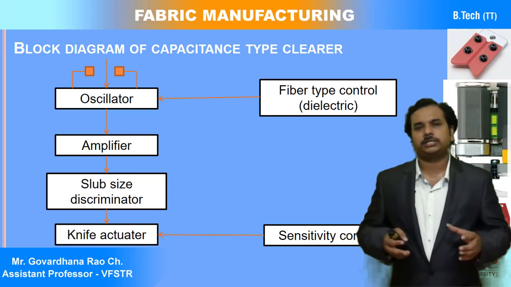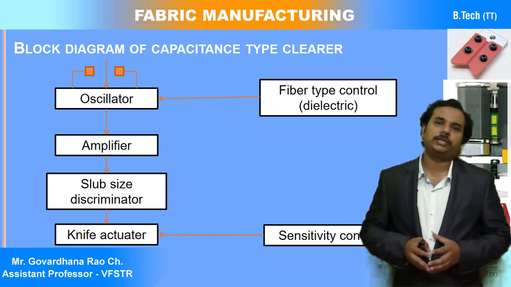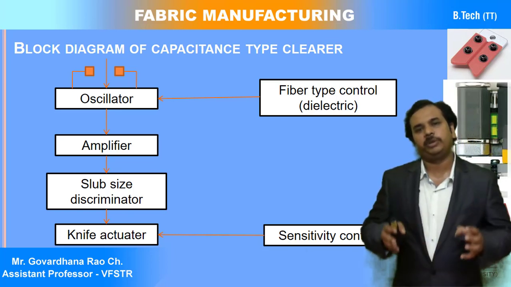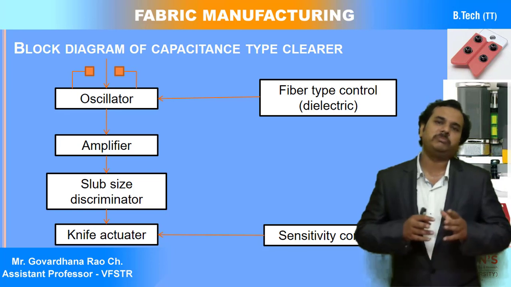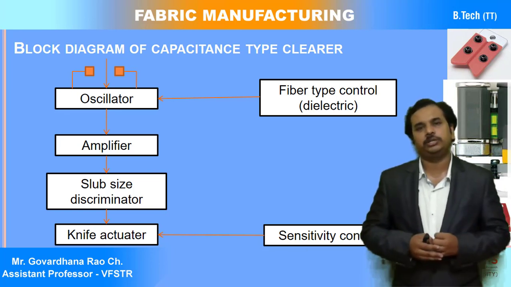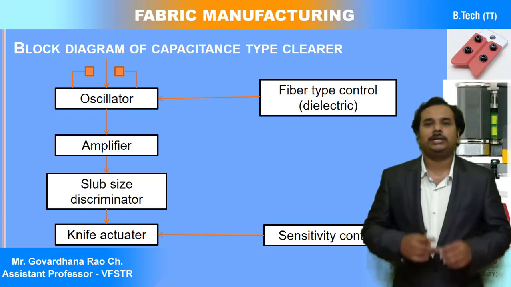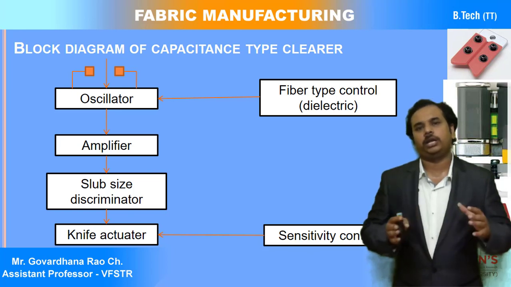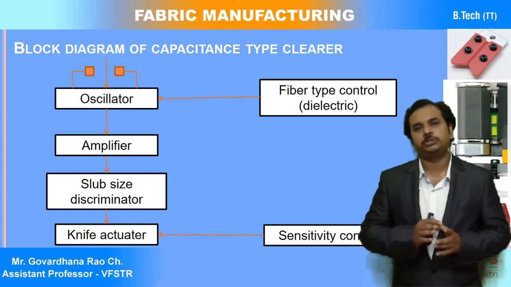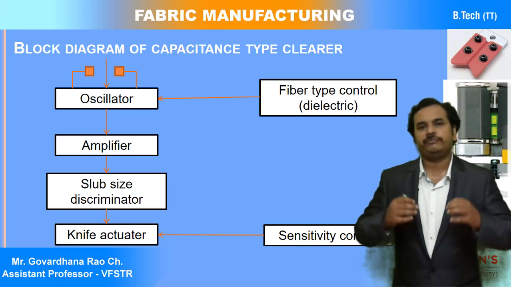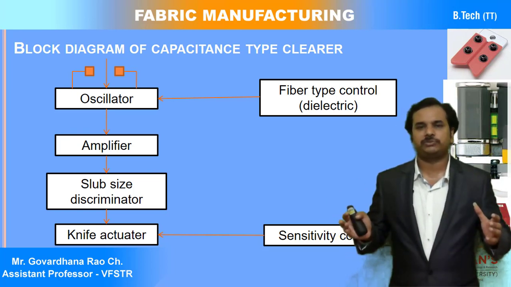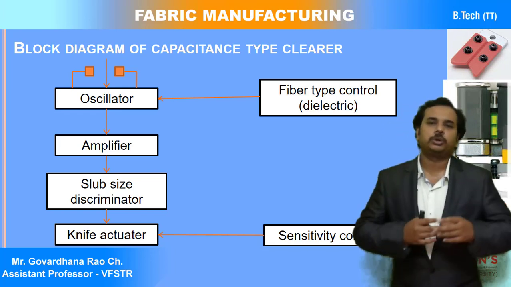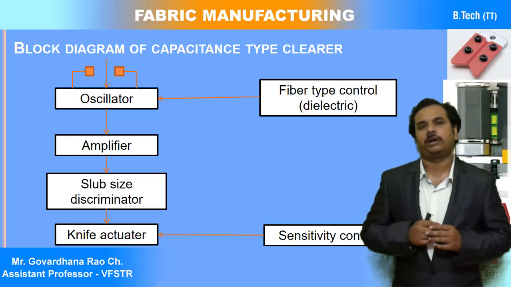Then the capacitance is compared by using the slab size discriminator, which sees what the minimum range and the maximum range are that we need to accept. If the yarn fault is out of the range, that is, beyond the minimum and maximum, then the slab size discriminator will activate the knife, so that the knife cuts the yarn fault.